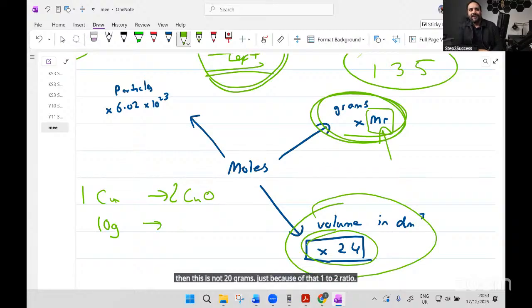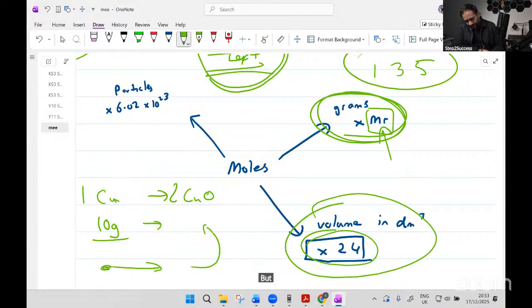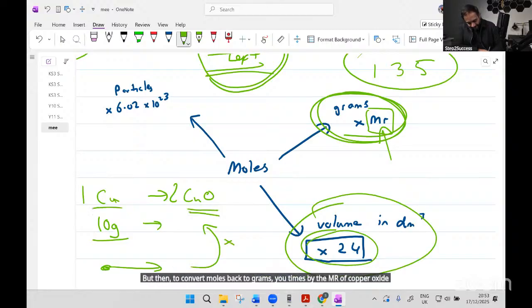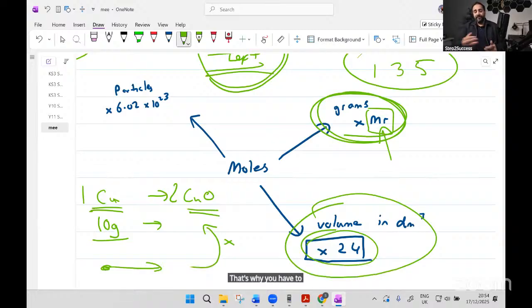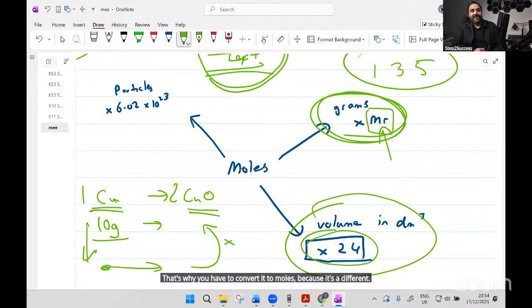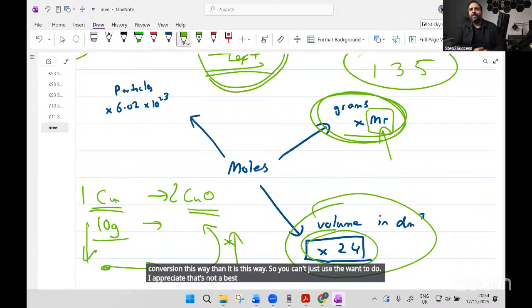When you convert this to moles, you will get a number here. But then to convert moles back to grams, you times by the MR of copper oxide, which is different to the MR of copper. That's why you have to convert it to moles, because it's a different conversion this way than it is this way. So you can't just use the 1 to 2. I appreciate this is not the best explanation, but when you're working with grams, you have to convert to moles.